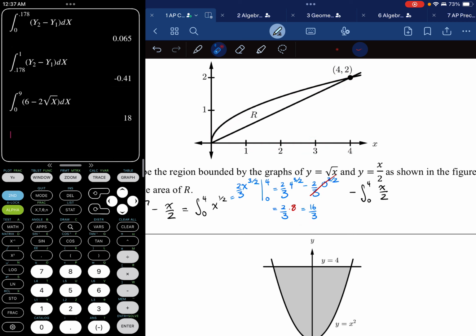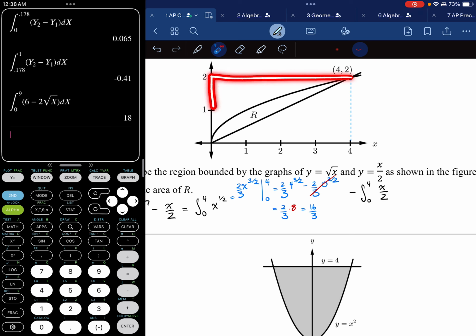And then what I'm going to do is subtract this triangle. And guess what? I could do a shortcut for this one. The shortcut for this one is a triangle that is 1, 2, 3, 4. It's 4 units by 2 units.